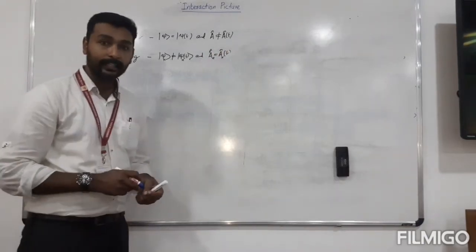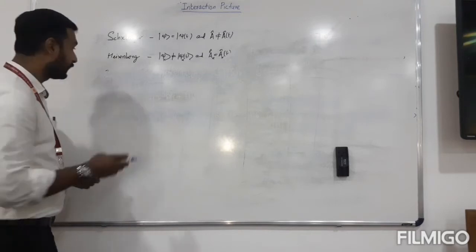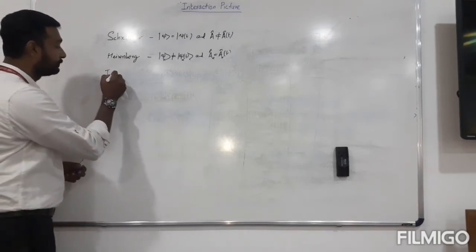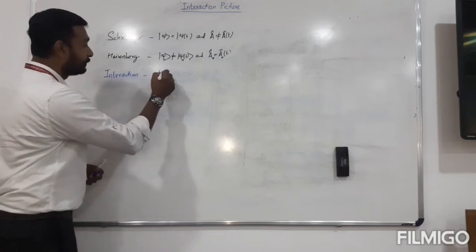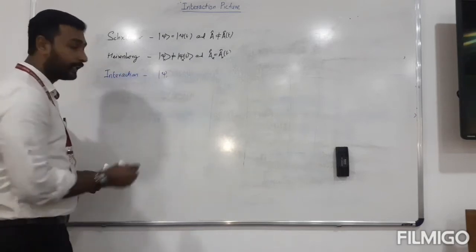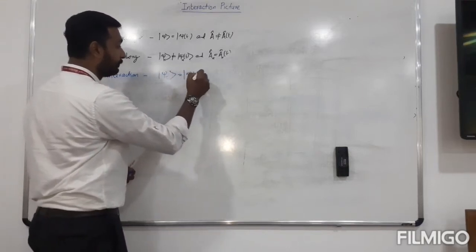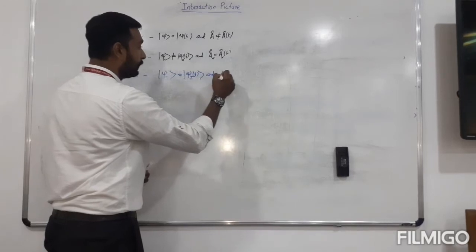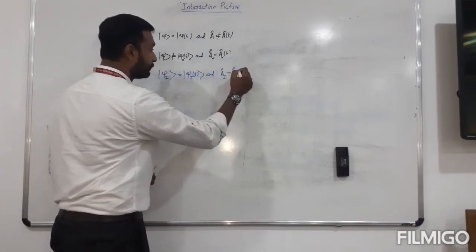So obviously in the interaction picture, both the state vector and the operator will evolve with time. So in the interaction picture, the state vector I will represent by the symbol psi I, a function of time, and the operator A I, that is also a function of time.